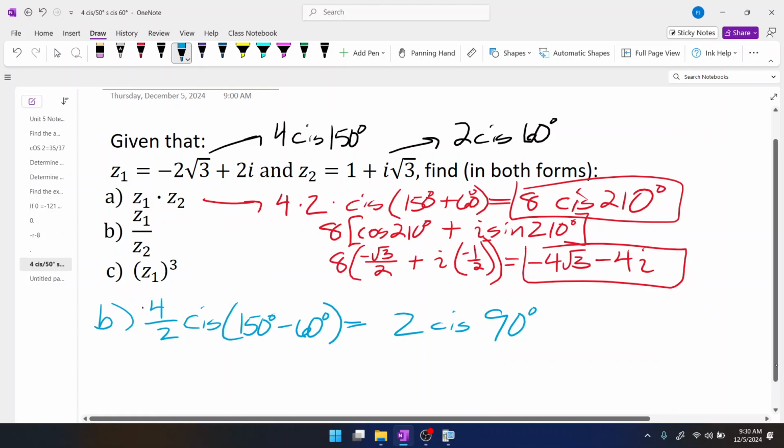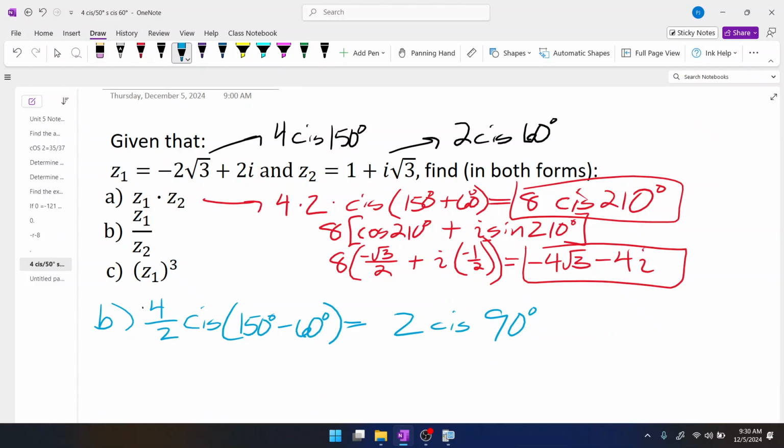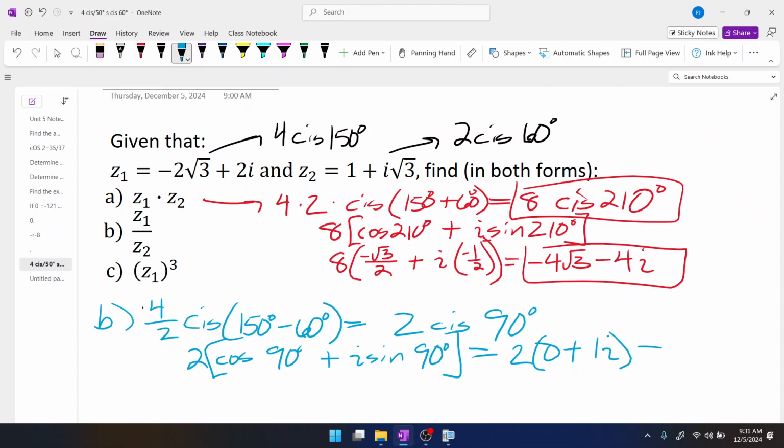It's actually going to be very simple to do here. 2 times cosine of 90 plus i sine of 90. Well, cosine of 90 is 0, plus sine of 90 is 1. So it's just going to be 2i.